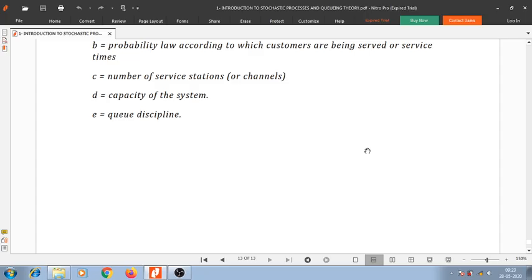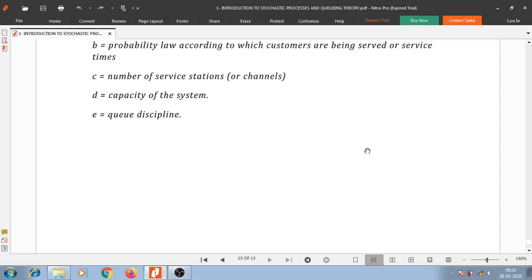This is the class related to introduction to stochastic processes as well as queuing theory. Before leaving, I will summarize it. So, what is a stochastic process? What about the nature of the stochastic process? Probability mass function and cumulative distribution function, stationary independent increment process, Markovian process, and also counting process.